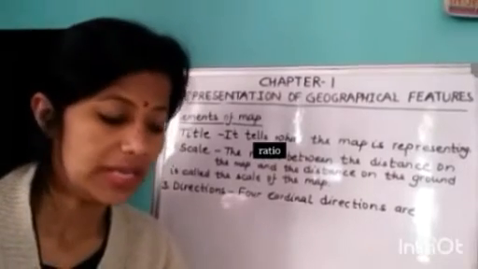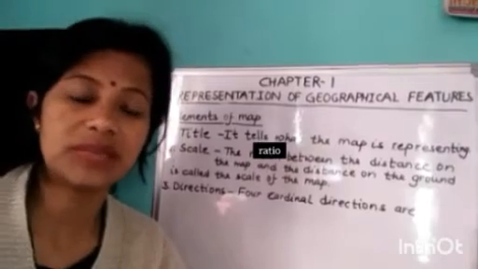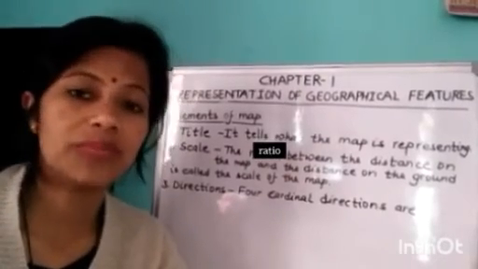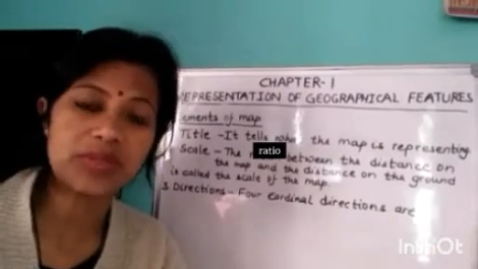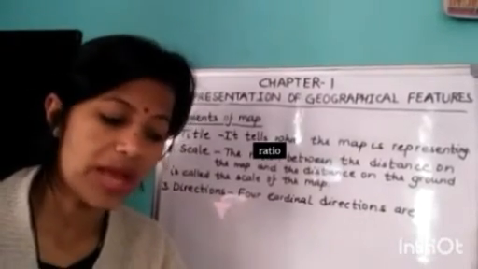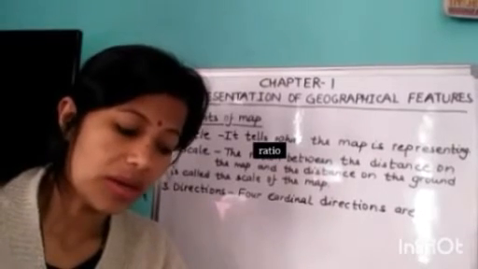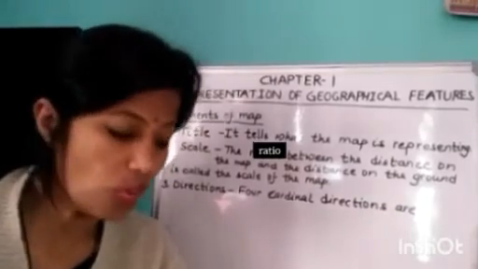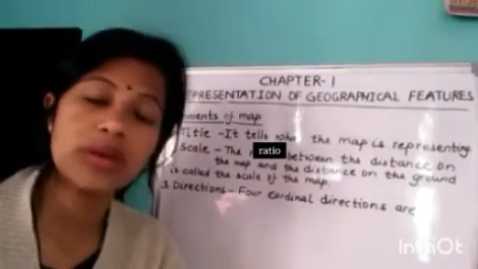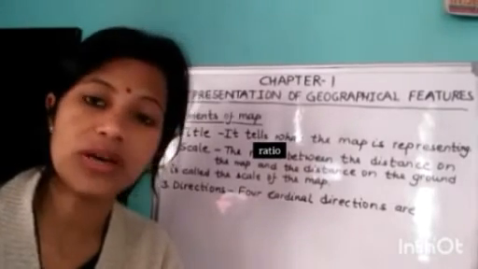Like in maps you have political map and physical map, same way globes are of two types: political globe and physical globe. Political globe shows the countries of the world, while physical globe shows the general features of the earth.